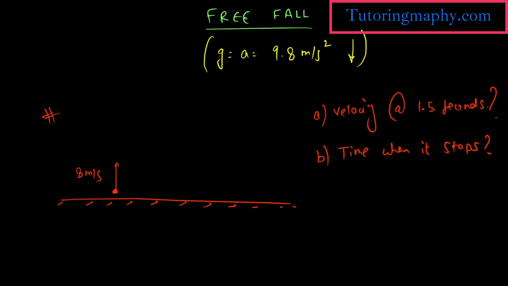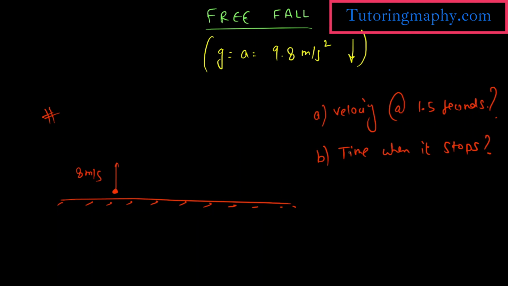Well, the formula is v is equal to initial velocity plus acceleration times time. But the v is not final, is it? For you, that is the final. After 1.5 seconds, you are finding v, so for you that's final, right?